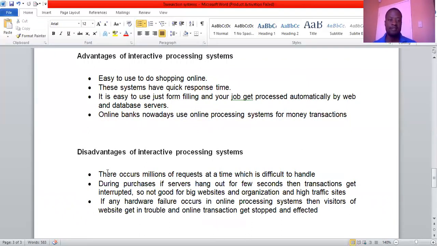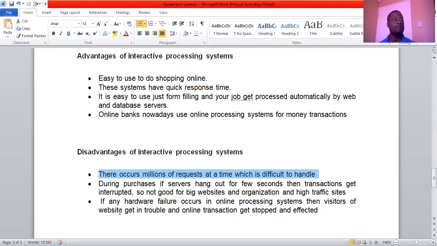Now let's look at the disadvantages. Millions of requests occur at a time, which is difficult to handle. If your system is receiving millions of requests, where each and every one wants things to be processed, you flood the system with requests, and it becomes very difficult for the system to handle.